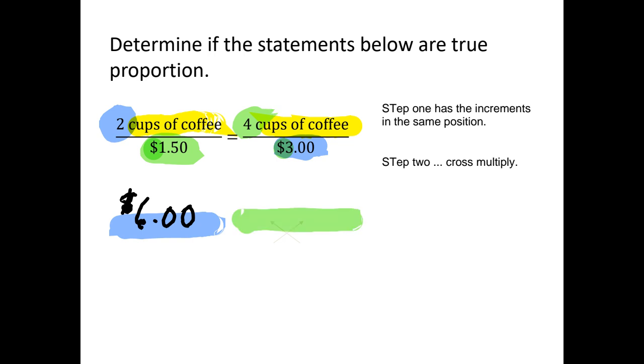And notice I will get $6. This is a true proportion. Increments first, then math. Check the words, then check the math.